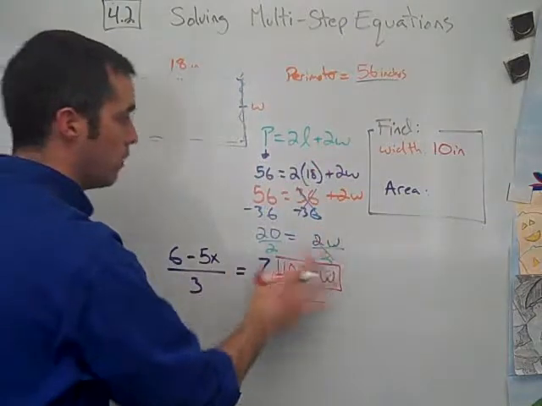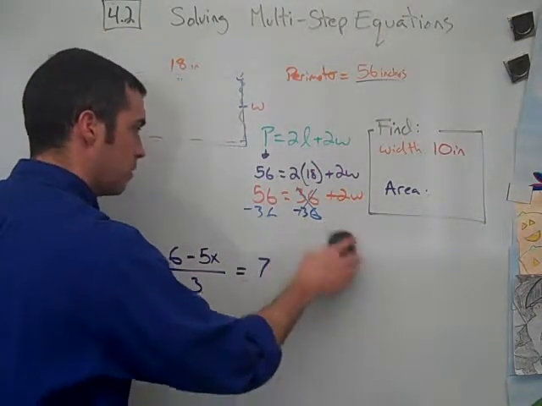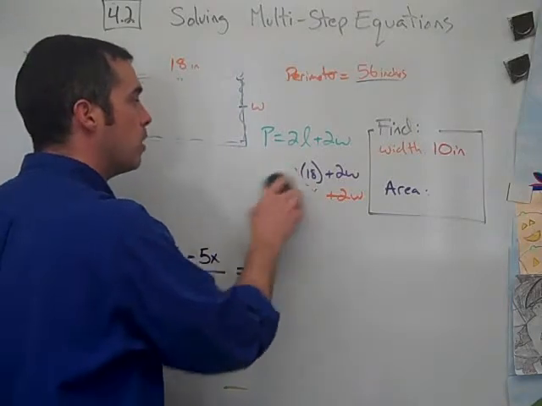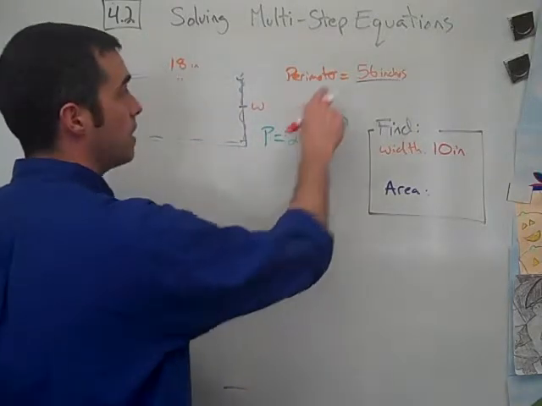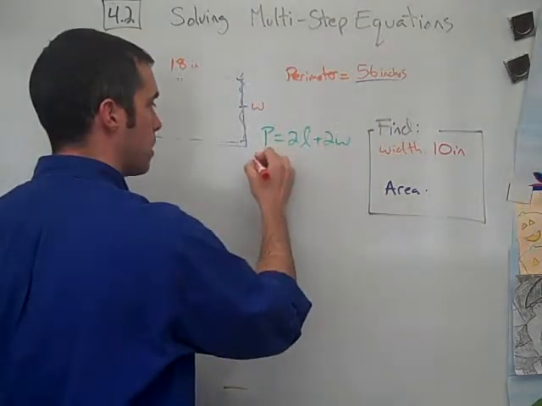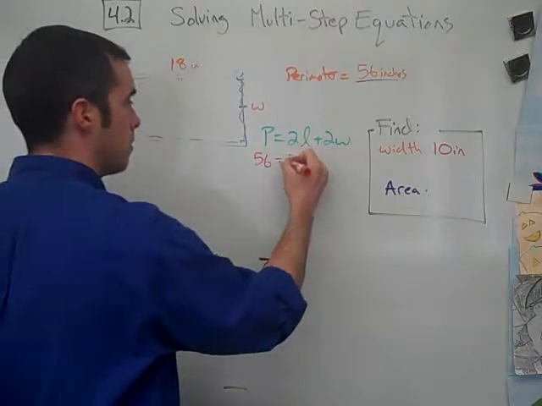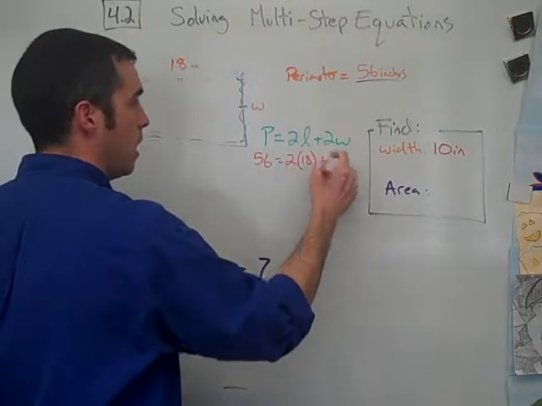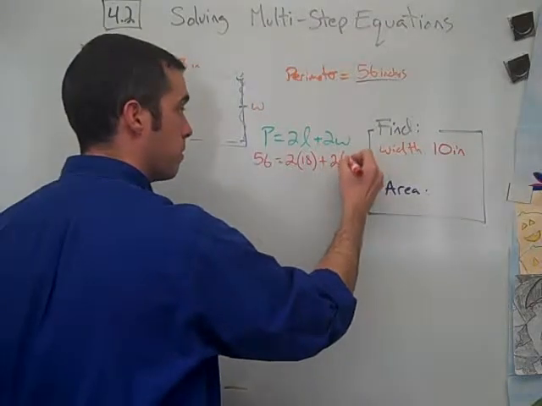I'm going to erase all of this. And I am now going to check my work by plugging it back in. I had said that the perimeter was 56, and that's supposedly equal to doubling 18 and doubling w, which I now say is 10.